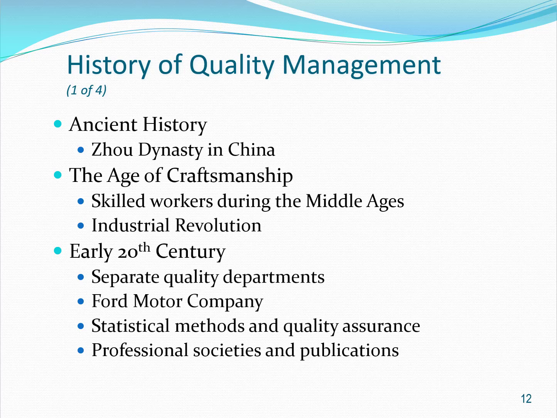Ford Motor Company, of course, started having its first production line. Statistical methods of quality assurance were used, and professional societies and publications appeared. The American Society for Quality, for instance, was formed in the 20th century, about the 1940s or so.